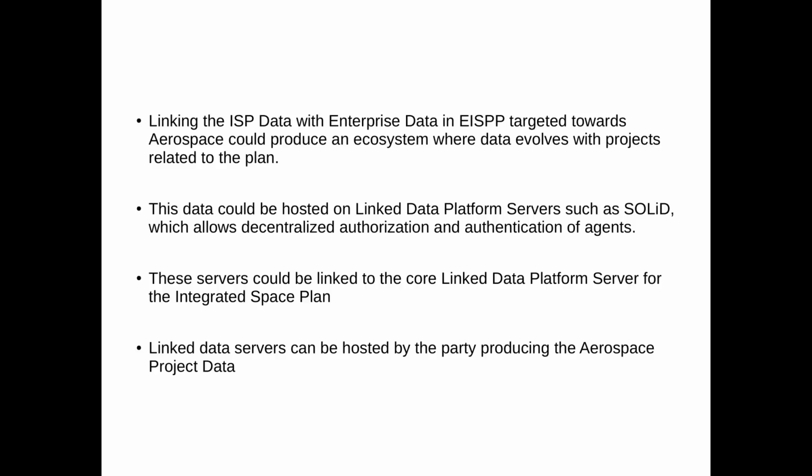So everybody wouldn't have to see your data, but you could expose parts of it, so you'd at least be able to integrate it. These servers could be linked to the core linked data platform server, which is hosted by the Integrated Space Plan. Linked data servers could be hosted by the party producing the aerospace project data. So, for example, your project data.